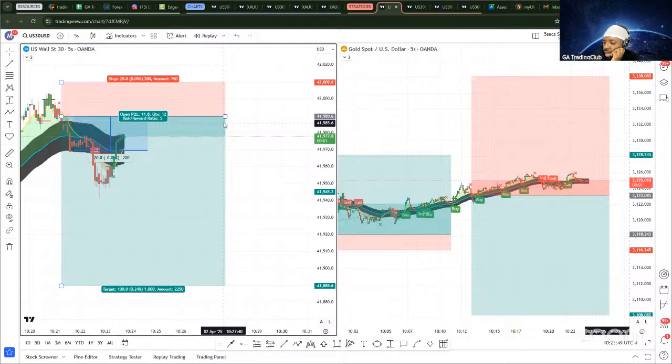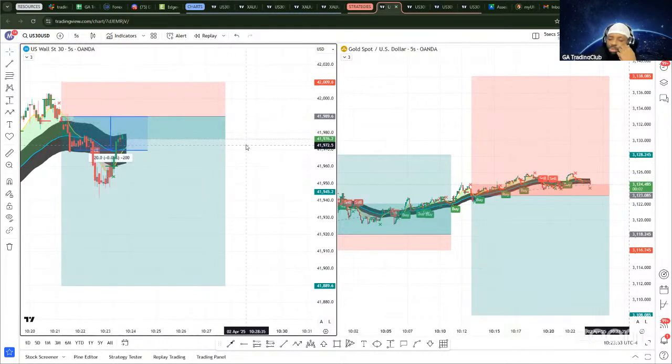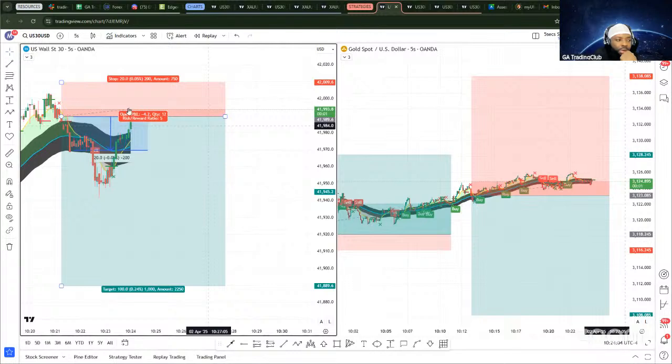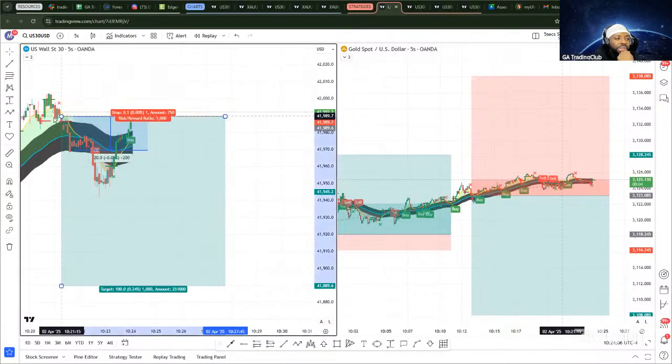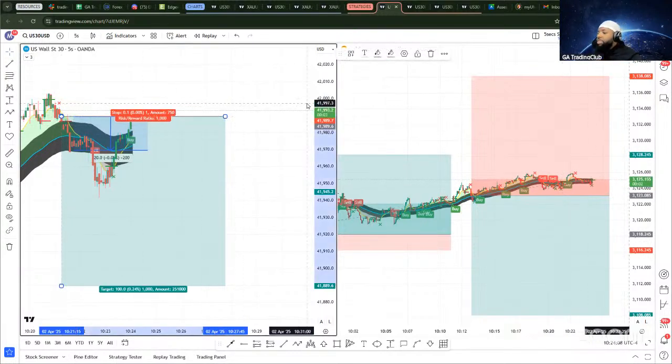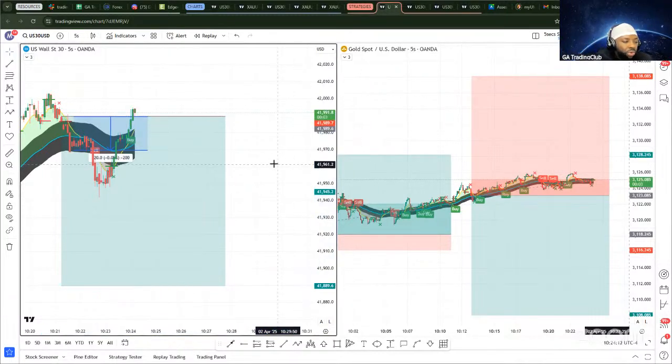If I was up at some point 4K, but price comes back and taps me out at break even, the idea of the 1:5 is that it happens frequently enough that it's going to make up for the times you've missed out on the trade.